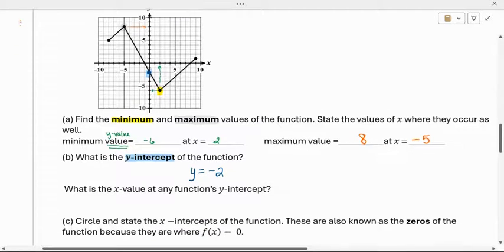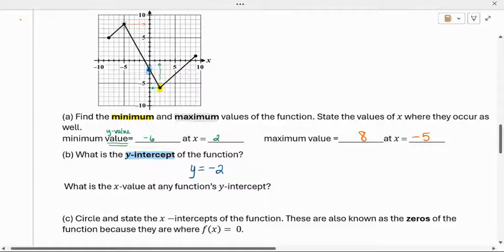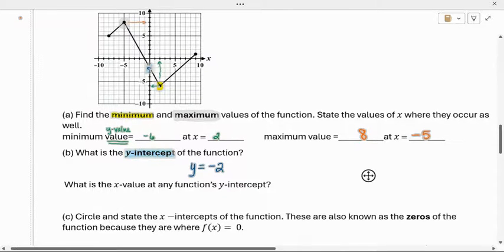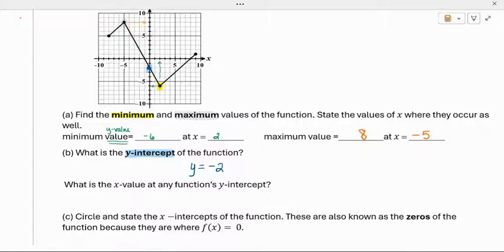What is the x value when we cross the y-axis? What is the value of x when I cross the y-axis? Okay, so here's my y-intercept right here in blue. What is the value of x? If I follow this up, what is the x coordinate there?